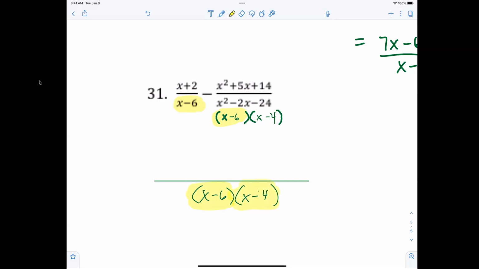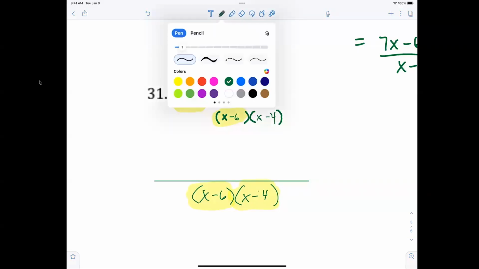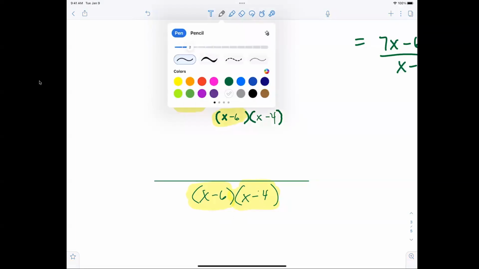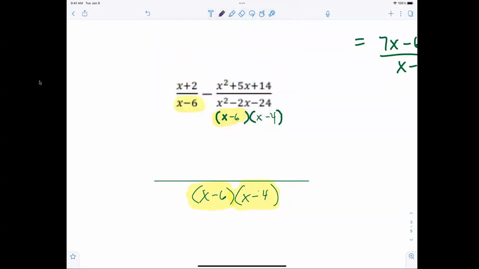Now, what you're supposed to be doing is saying, okay, I can't add them together because they don't have a common denominator. We agree. So what do I need to multiply the first fraction by? x minus 4. Look, if I put an x minus 4 down here, is it a common denominator now?